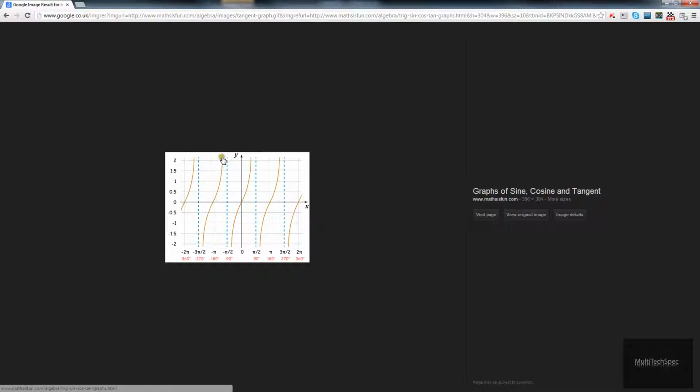So this little line here goes close to it, but never really touches it. And that's why I was wrong for the tan one. What I've just said, that you can't have a number bigger than 1, is wrong for tan. Okay, and that's the reason why. So there you go. See, I learned something new today as well.